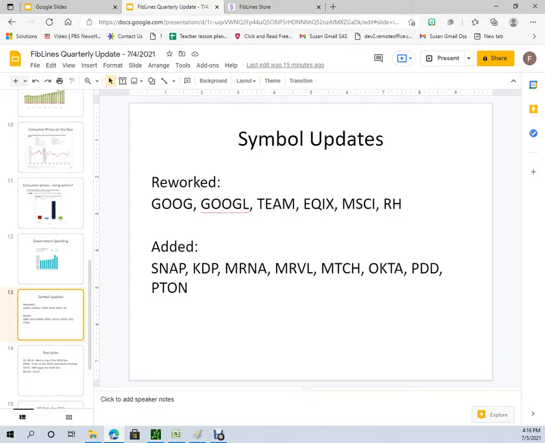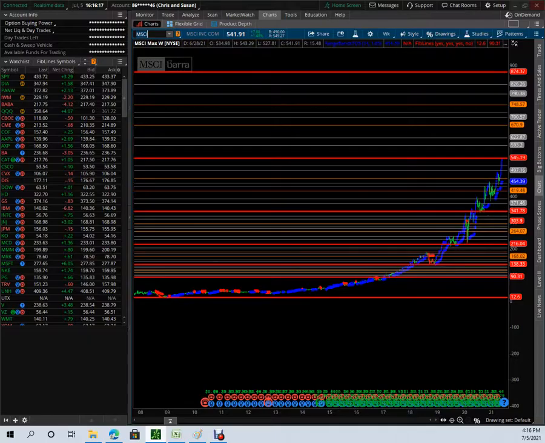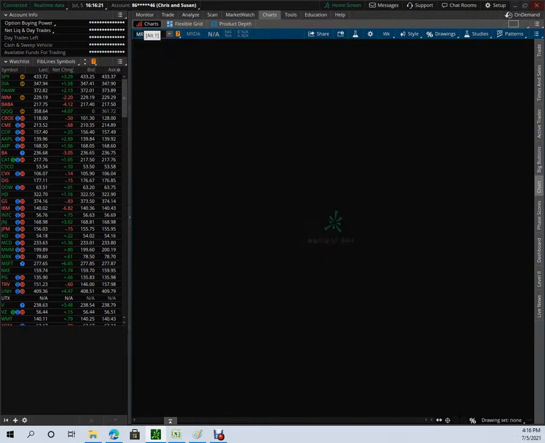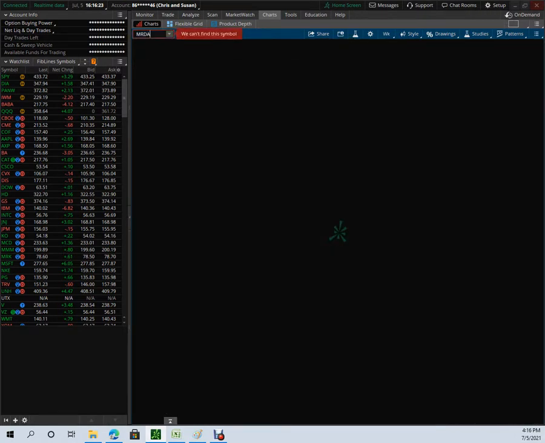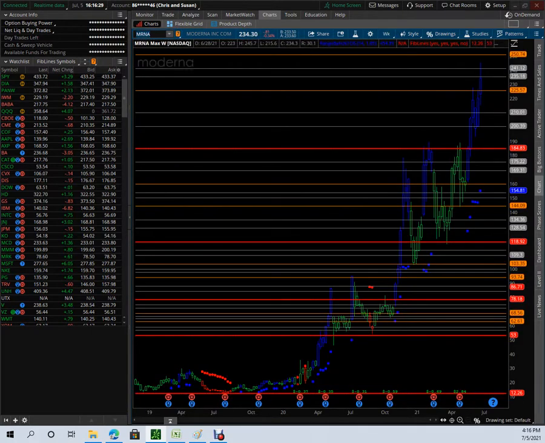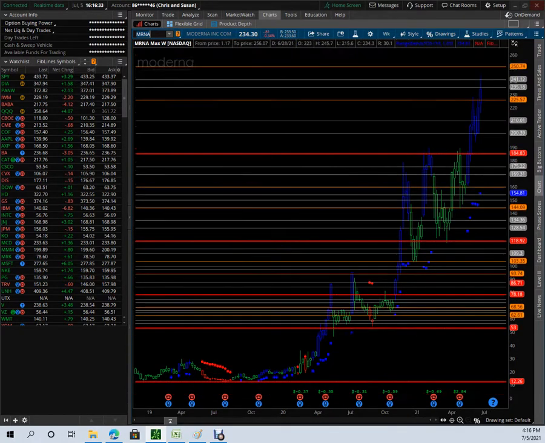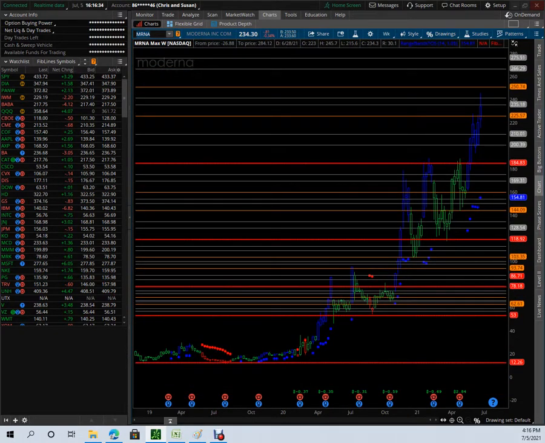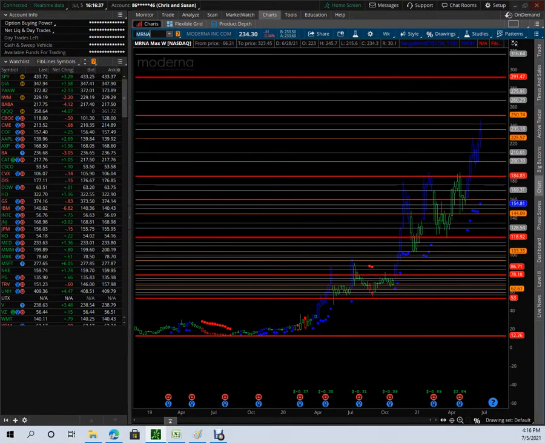Snap we already looked at. MRNA, Moderna, was an addition in this version of FibLines as it joined the NASDAQ 100. I got that symbol wrong several times until I realized it's mRNA, as in messenger RNA, which is their key technology, which is also the key technology behind the COVID vaccine.